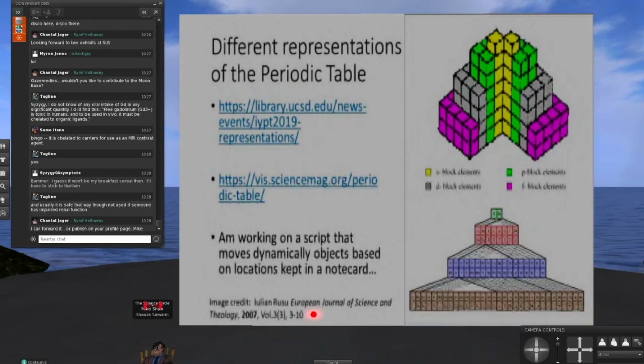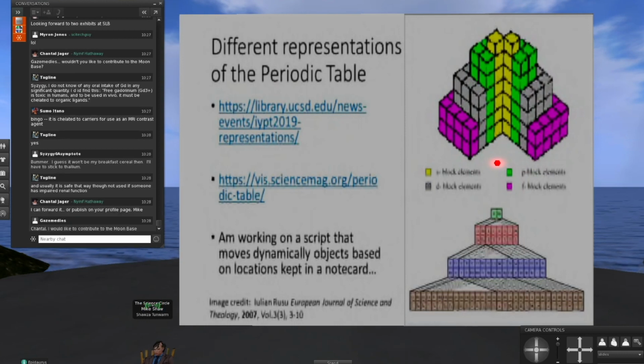The article, of course, was talking about the beauty of science and organization of things in nature. But I really like this particular representation. It actually shows some of the symmetries that exist in the periodic table that the traditional form just loses, right?